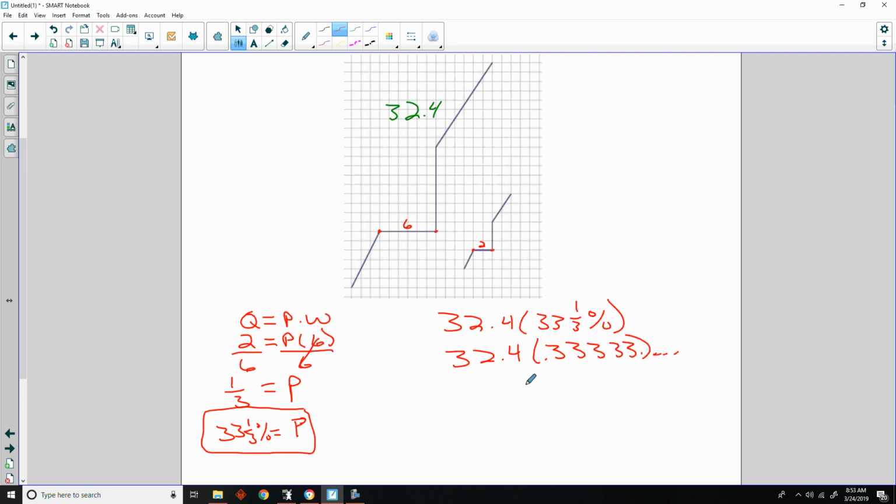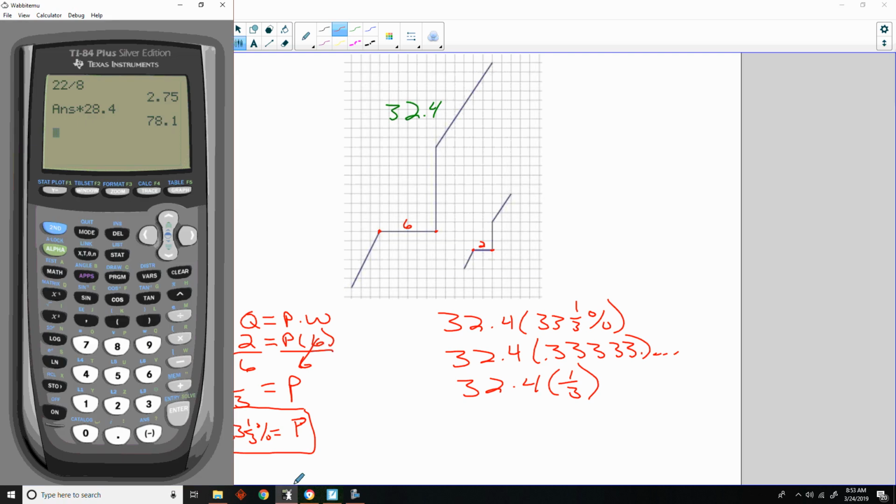So I'd put that in my calculator as 0.33 1/3. So 32.4 times 1/3 is what I could do, because 0.3 repeating is 1/3.